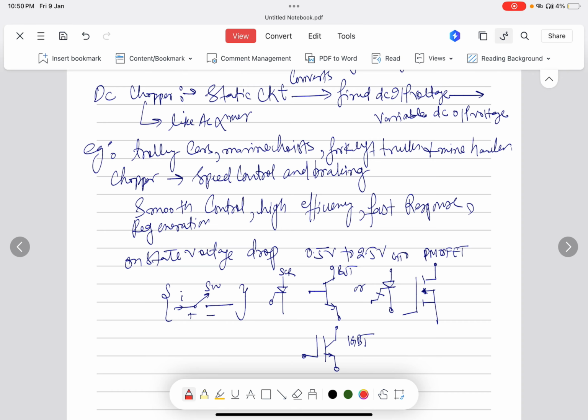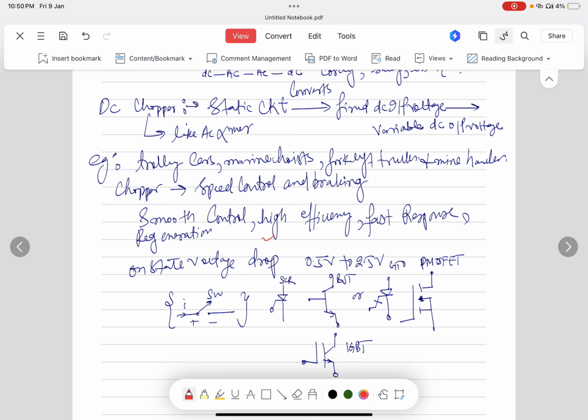Choppers are now being used all over the world for rapid transit systems. They are used in trolley cars, marine hoists, forklift trucks and mine haulers. Future electric mobility also has scope here, because for the braking system we will use choppers.